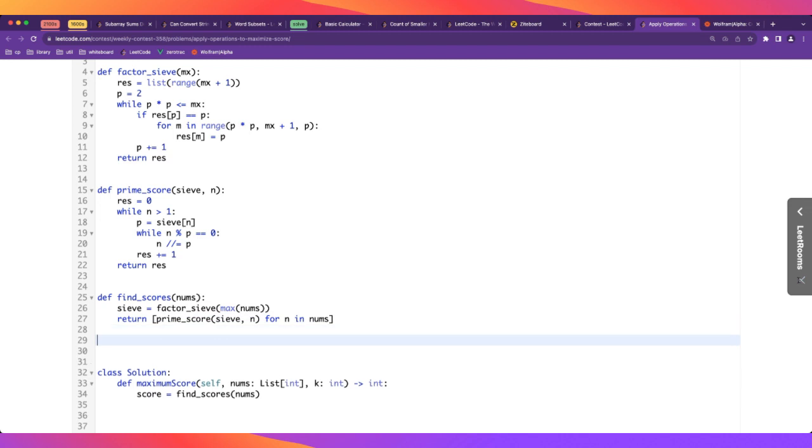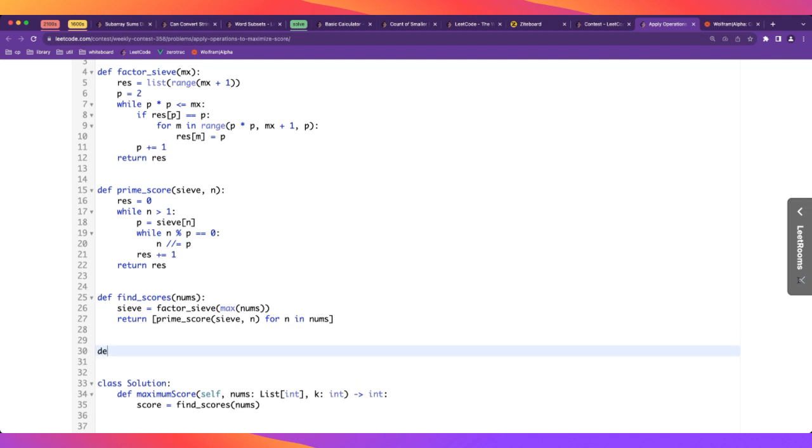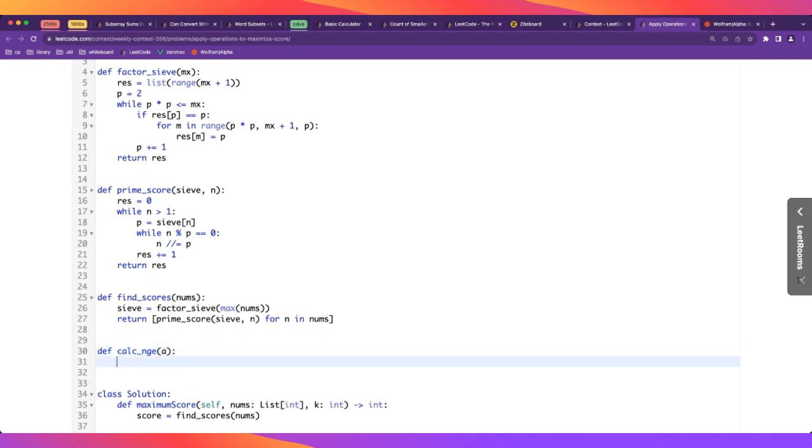Now we want to solve the next greater element problem. Again, this is a classic. Let's call this NGE, next greater element. We only need an array.